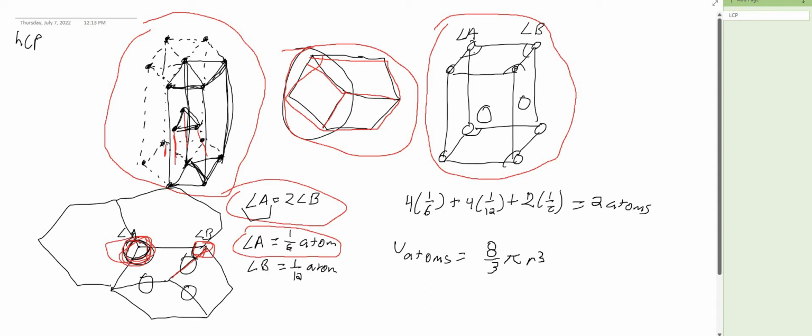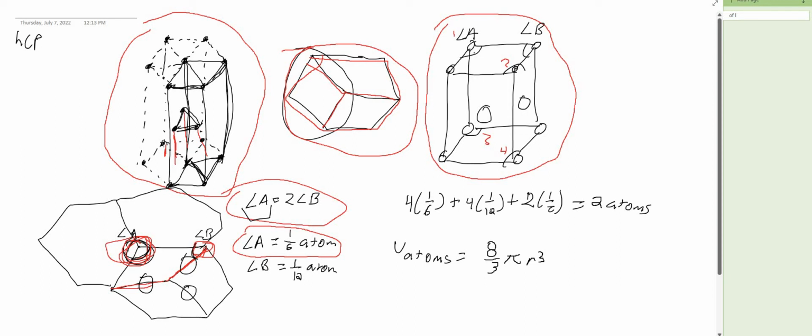And since A has twice as many atoms as angle B does, that means we're going to have 1/12th atoms in B. So if we look over here, we have 1, 2, 3, 4 angle A's and 4 angle B's. So that means we're going to have 4 1/6 atoms and 4 1/12 atoms. Also, if we look at the line where we bisect our hexagon into 3 equal parts, we see we're cutting an atom in half, so that means we're going to have 2 half atoms as well.